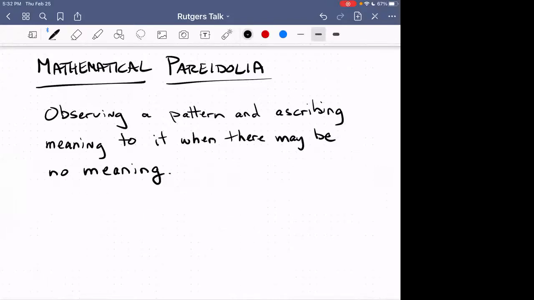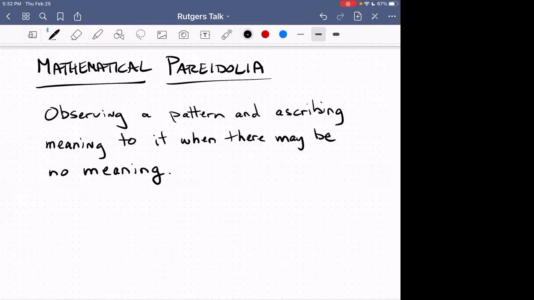And so that's observing a pattern and ascribing a meaning to it. Like you saw the sink, you ascribed it as an eye, even though it was a sink, even when there's no meaning.